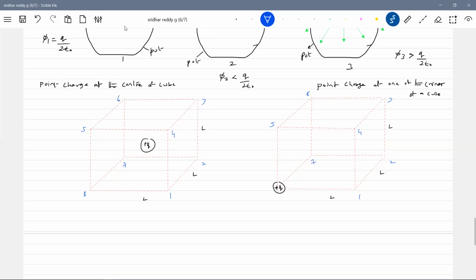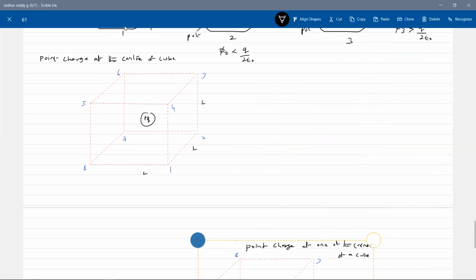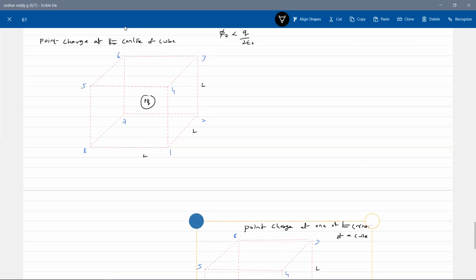So first case, point charge at the center of the cube. How much is the net flux through the cube and the flux linking each face? I'll come to the other case later on. I'll shift it down. First we'll focus on one by one.